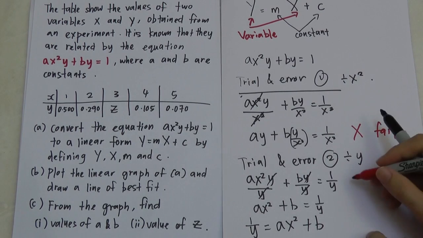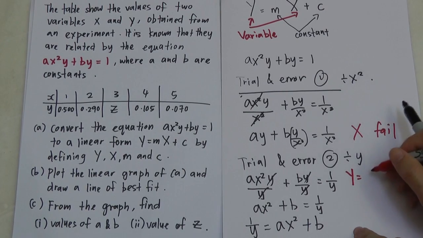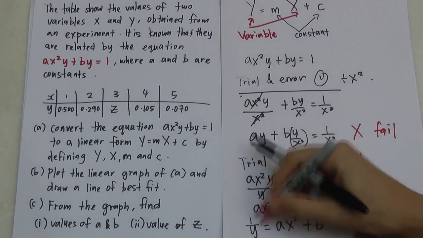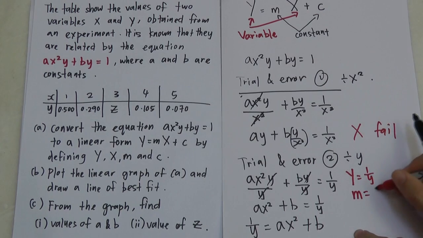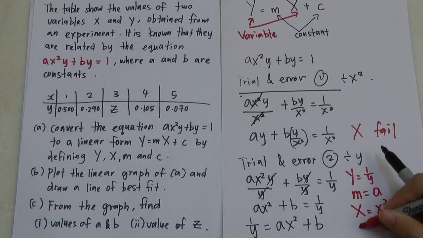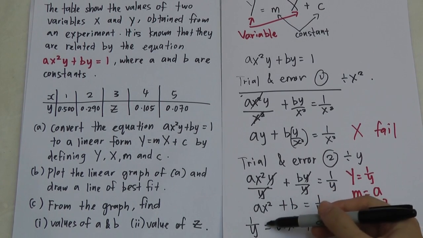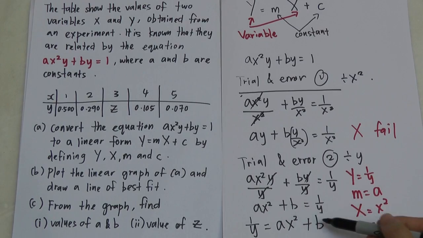What is my y? My y will be 1 over y from here, and my m will be a. My x will be x squared, and my c will be b. Alright, so you see, I already rearranged this one into y equals mx plus c, with x squared.